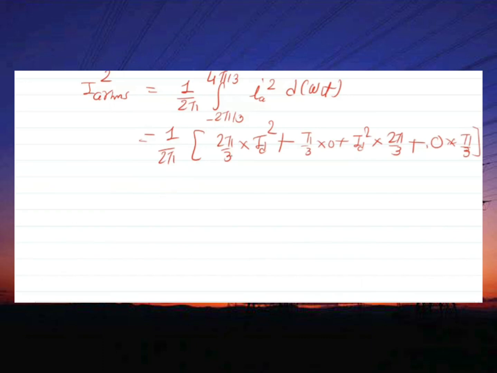So when we do that, 1 upon 2 pi is there, 2 pi by 3 plus 2 pi by 3, it is 4 pi by 3 ID square.